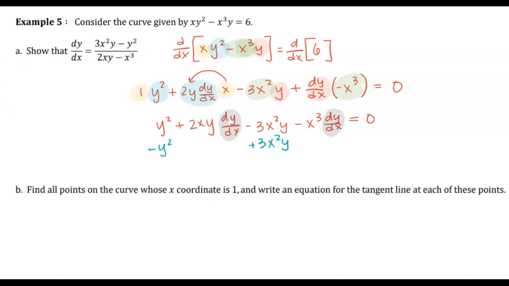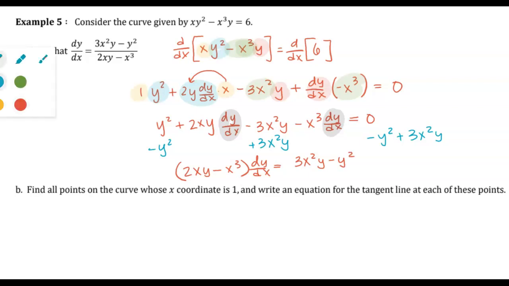The show is sort of like make your thinking really visible, even if you can do it in your head. Then, because I am a little bit impatient and definitely running out of room, I will factor that dy/dx out of those remaining two terms in this line. I'll go ahead and write these in the order we see in our answer.